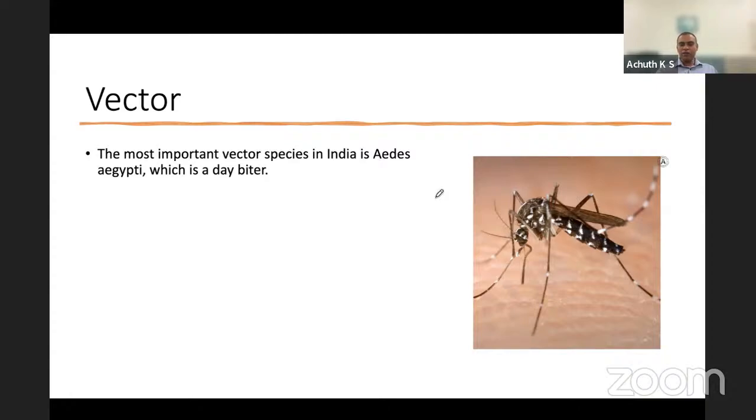Why does it happen, and why does it not happen? How can you have multiple bites in Aedes and not in Anopheles? Please check. There is something called an anesthetic effect in the needles which are used for piercing the skin, which is not there in Aedes aegypti. It is only there in Anopheles. So Aedes aegypti bites multiple people in the same day. That is why dengue spreads faster than malaria.